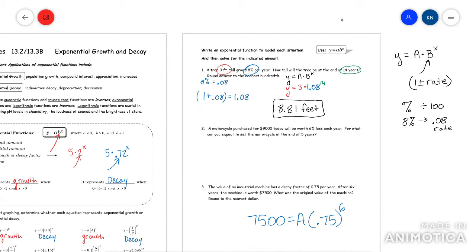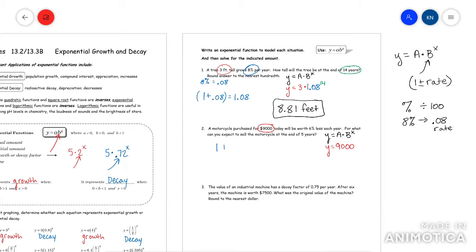All right, well, this next one says worth 6% less each year. So this is going to be decay. Now it uses the same equation, a times b to the x, where a is your starting amount, so purchased for 9,000, that's your start. Now the tricky part is the b.